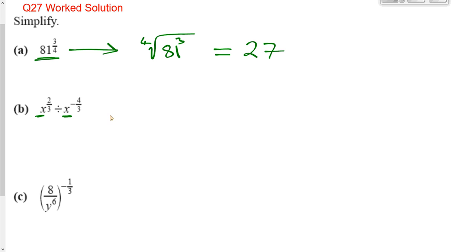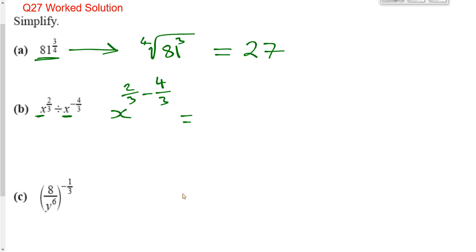So we take the base, the first term's exponent, 2 over 3, and we're going to subtract the second term's exponent, so 4 over 3.